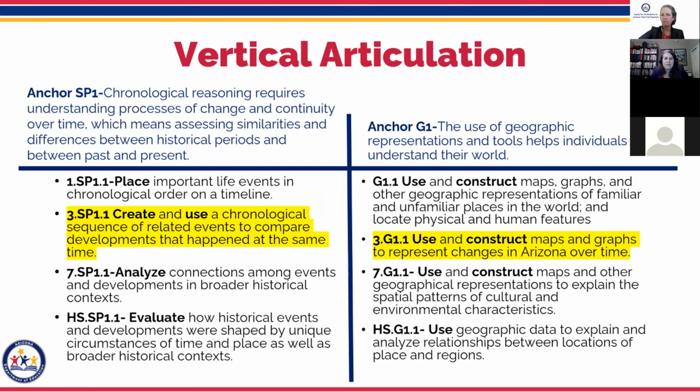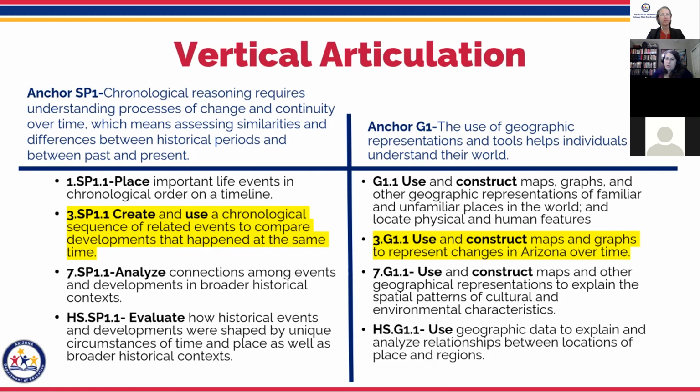So in 1st grade, students are going to put important life events in chronological order on a timeline. In 3rd grade, students are going to create and use a chronological sequence of events to compare developments that happened at the same time. And they'll be doing that in reference to Arizona. In 7th grade, they're going to look at broader developments, and in 8th grade, they're going to look at how these events were shaped by unique circumstances.